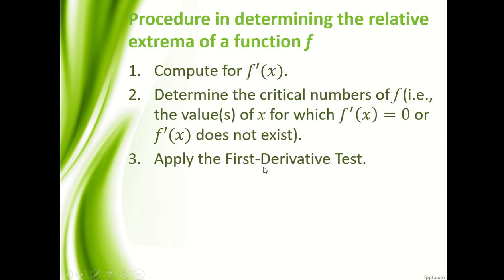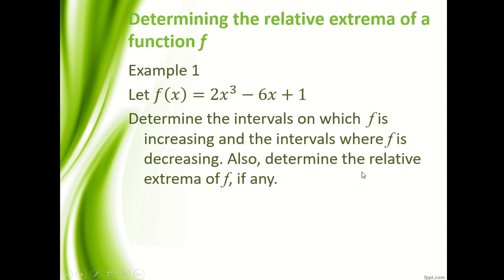Now for our example, let f of x equal 2x cubed minus 6x plus 1. Determine the intervals on which f is increasing and the intervals where f is decreasing. Also determine the relative extrema of f, if there's any.